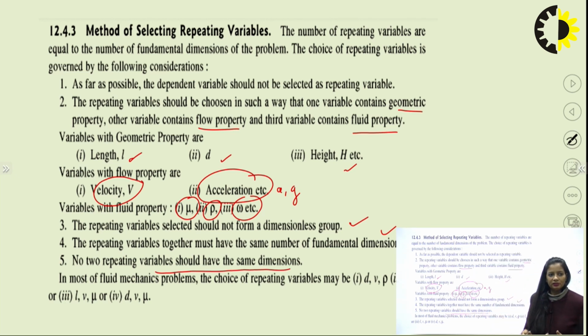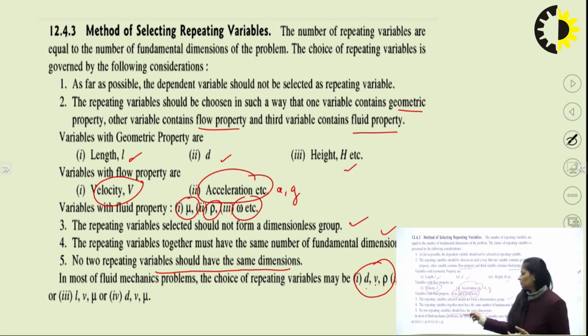In most fluid mechanics problems, the choice of the repeating variables may be, the first, you can see here, diameter, viscosity and mass. The second is length, viscosity, mass. So there are certain ways. When I am solving a particular problem, it may happen that I take repeating variables in some other choices or some other serial number.